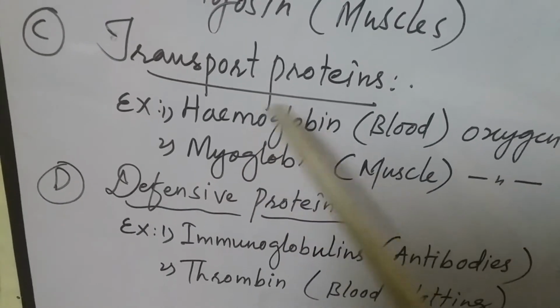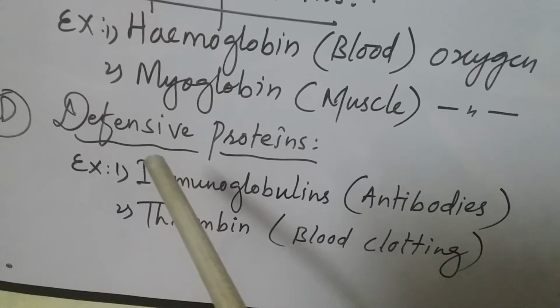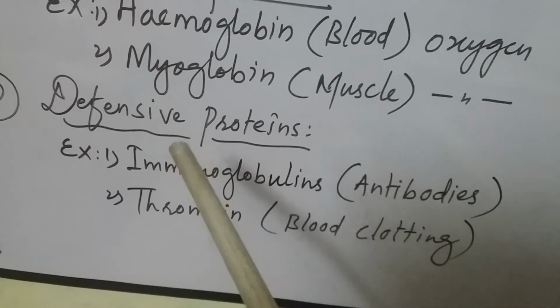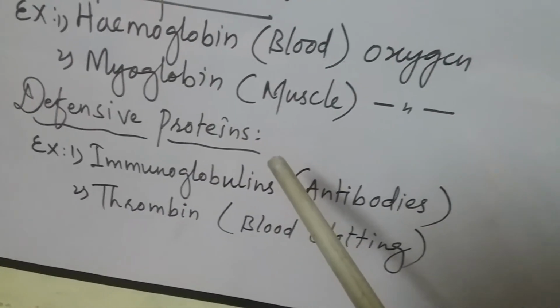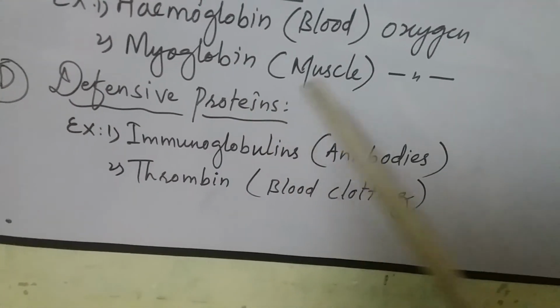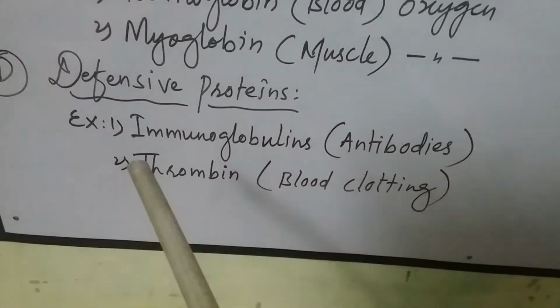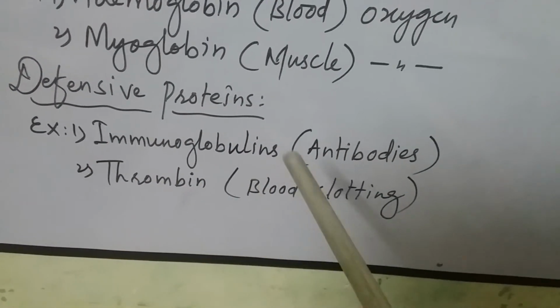So these are the two examples of transport protein, while another type of protein is the defensive protein, and as you know by its name, it is useful for the protection of the body or the cell against different diseases. Hence it is called defensive protein, and an example of this protein is immunoglobulin.